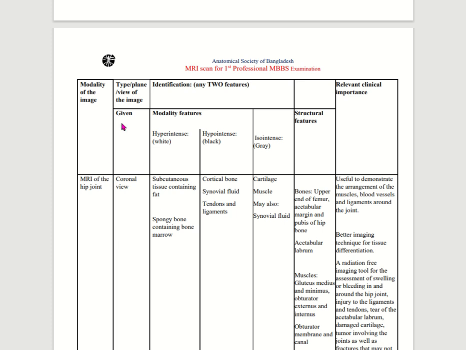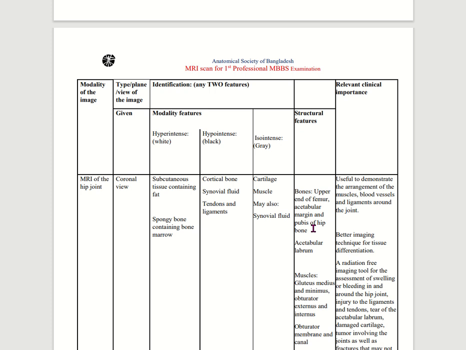In MRI scan, you have to tell the MRI of the hip joint, and you mention the view, coronal view, and you also describe according to this terminology: hyperintense, hypointense, and isointense, and you have to identify any two structures or features.